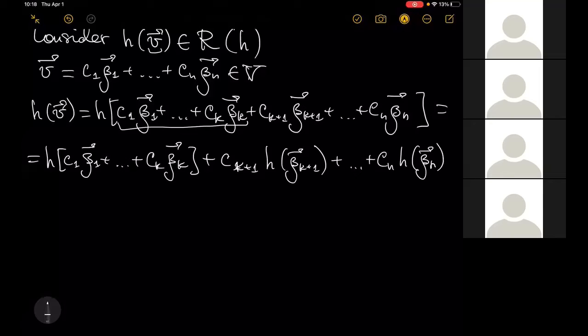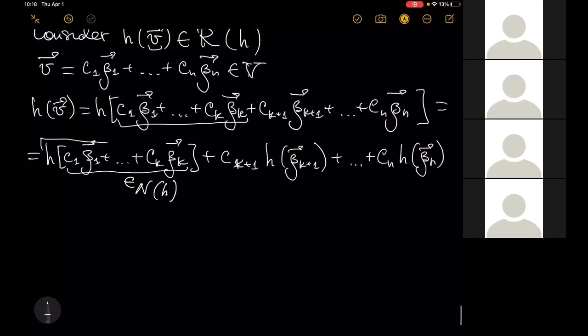But pay attention, what is that? Vectors from beta 1 to beta k form a basis for the null space. So this belongs to the null space of H. Could you tell me what this will be equal to? The 0 vector? Sure.